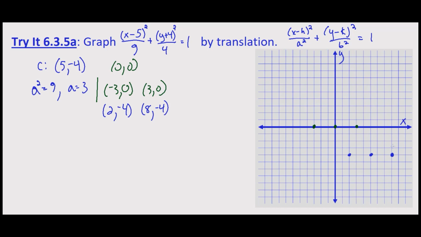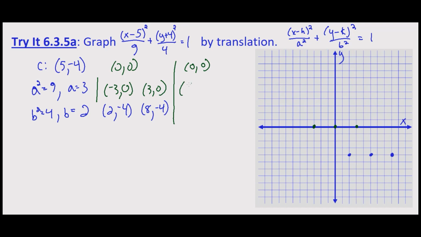So now we can see how that major axis has shifted. But what about our b squared, our minor axis? If we're centered at (0, 0), b squared equals 4, and that's for both of these. So b equals 2. So we're going to go plus and minus 2 in the vertical direction.